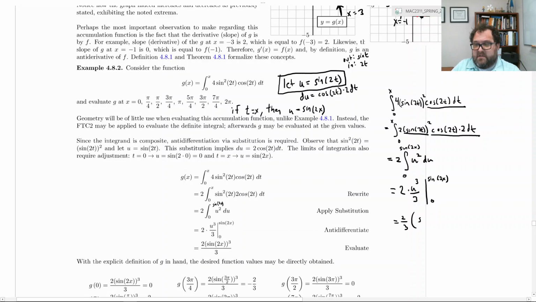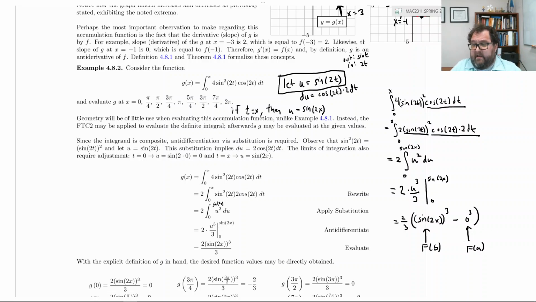So this is going to be sine 2x cubed minus 0 cubed. So that is my capital F of b, where I plugged in sine of 2x, and there is my capital F of a, where I plugged in a 0. So I used all the usual methods for applying the fundamental theorem of calculus part 2.